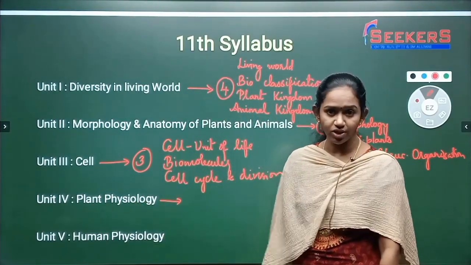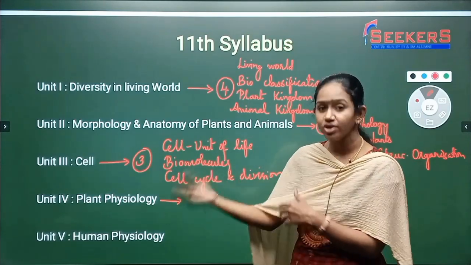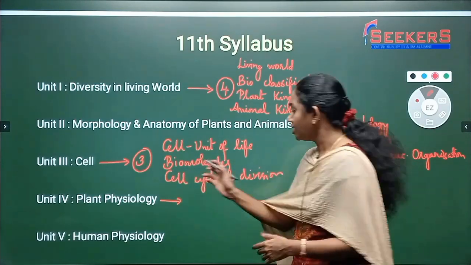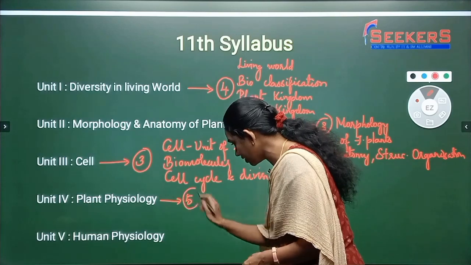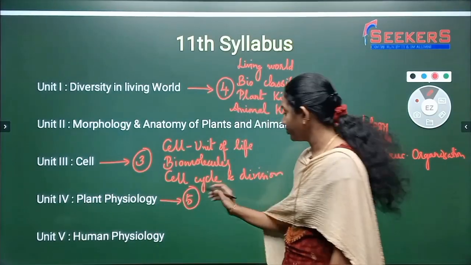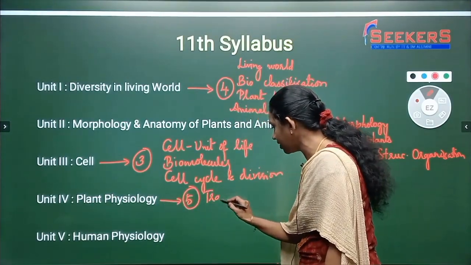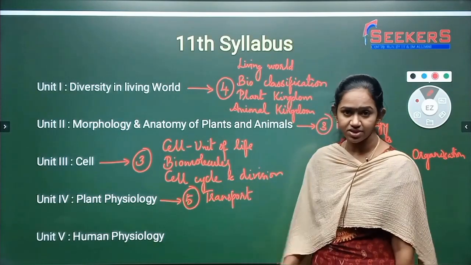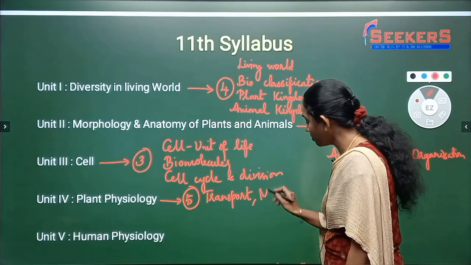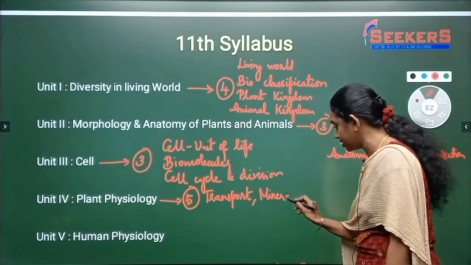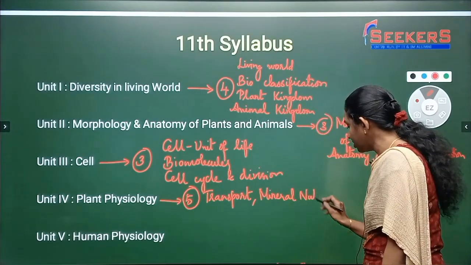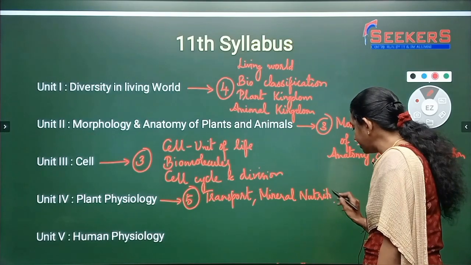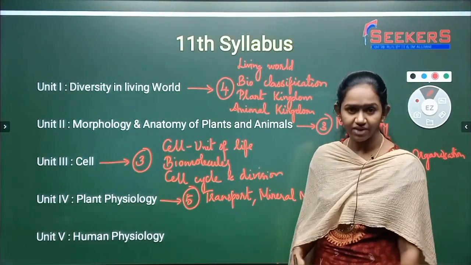Now coming to Unit 4. This is Plant Physiology, where we are going to study the physiological processes that take place in plants. This unit comprises totally 5 chapters. The first chapter is Transport in Plants. You will study the different means of transport that occur in plants. Then the second chapter is Mineral Nutrition in Plants: what the different chemical elements, mineral elements, are that are required for plant growth and development.